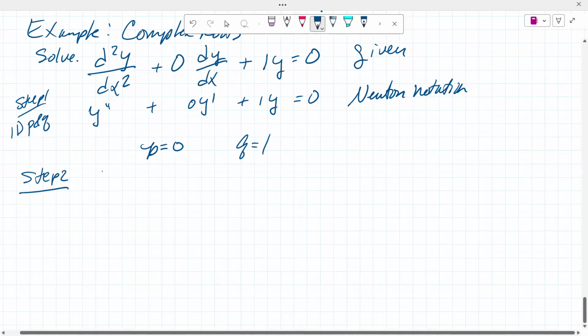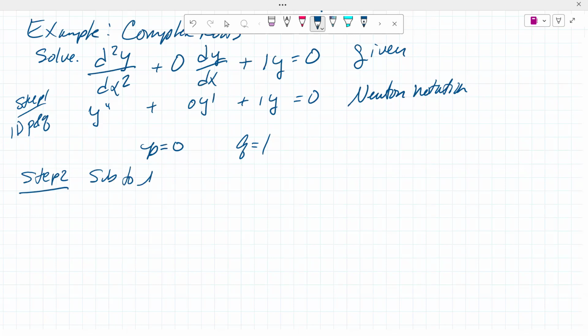Sub into the auxiliary equation and solve it. So we got m squared plus pm plus q equals 0. Sub in your values. This is the auxiliary equation given.